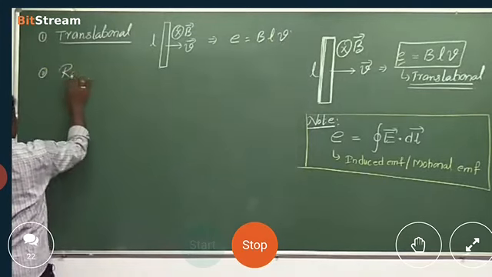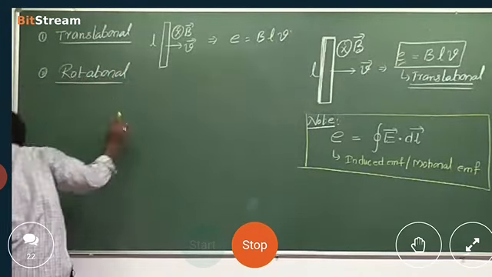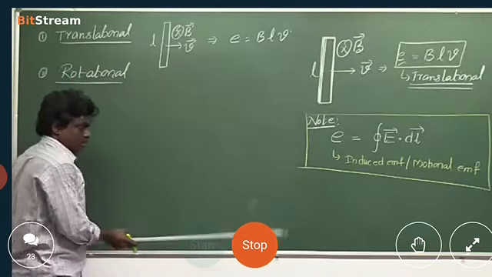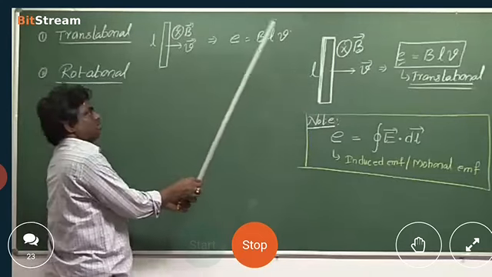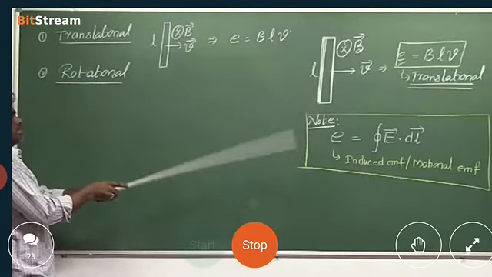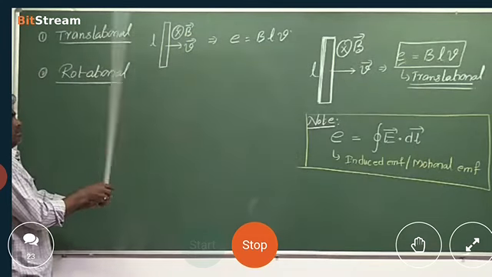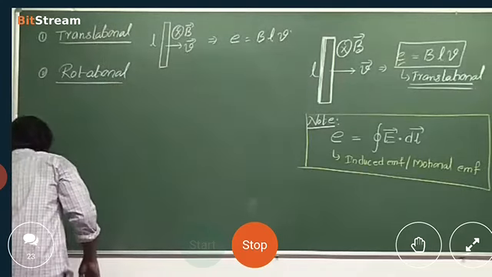Now the second one, rotational. Wait a minute. Now this time, this is the rod. Earlier it was moving like this. Now it is rotating like this. So what is the induced EMF developed?